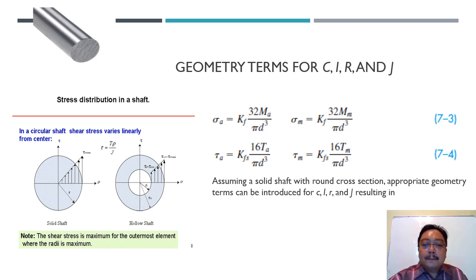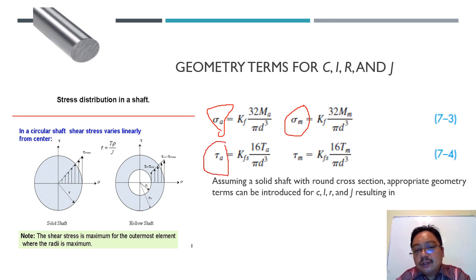This is represented by, again, A here representing the alternating stress and M here the mid-range stress. You can see the equation 32 Ma over pi d to the power of 3. So this is the equation for the stress, and this is the equation for the torque, the alternating torque and the mid-range torque.